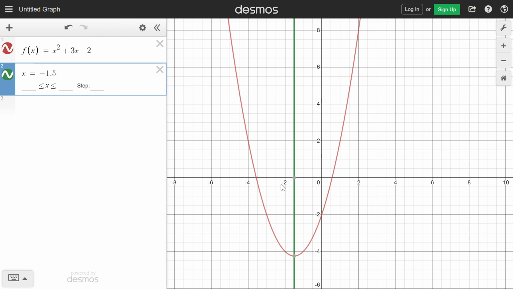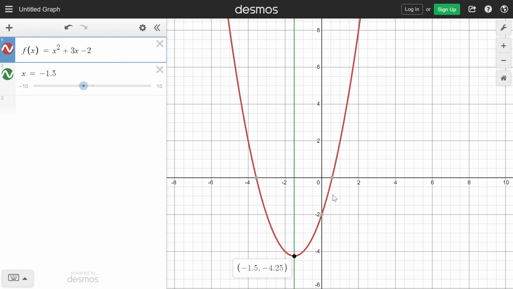So again, we have our axis of symmetry, we have our turning point, our y-intercept, and our two roots. What is the nature of this graph? Well, this graph is positive because it's a smiley face, and that means it has a minimum turning point.